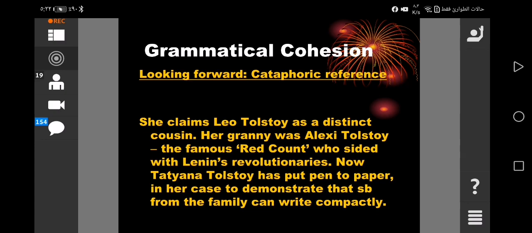Because we find the relationship between she and Tatiana. But notice that it's a bit difficult to find out what she refers to. We have to wait. We have to be patient with our text until we find the right referent.